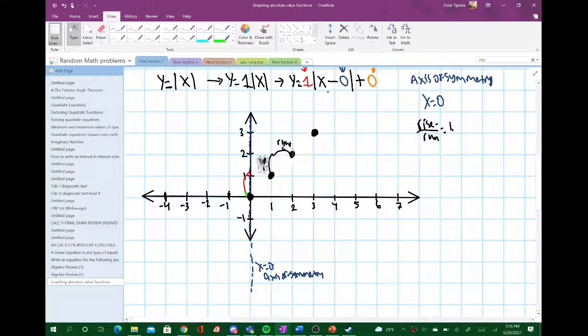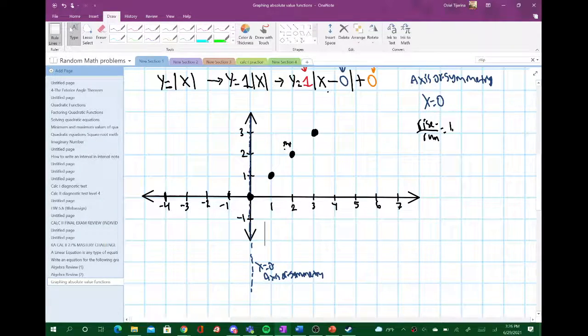However, don't forget that you also have to reflect it across the axis of symmetry. So the reflection, and you have to be good at reflections for this. If you remember from geometry, you have to reflect across the y-axis.